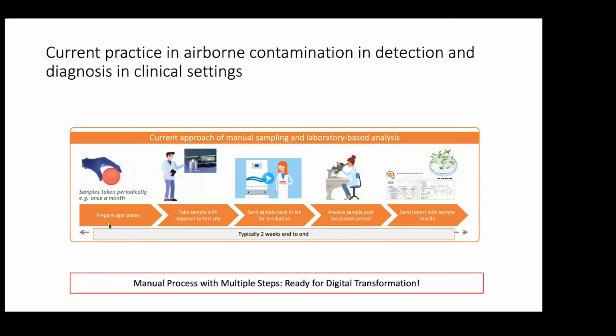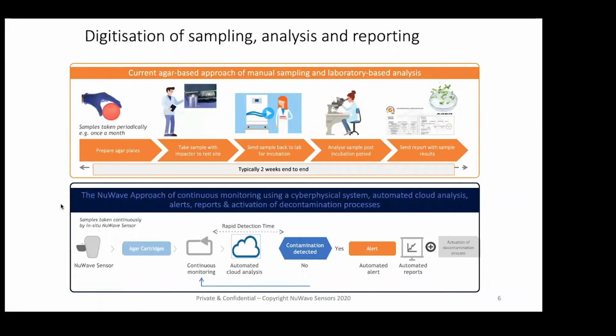So this manual process with multiple steps is ready, if you like, for digital transformation. So what we've been working on is taking that manual process and automating it. And by that I mean we take the sampling piece, the sending it back to the lab piece, the incubation piece, and the analysis piece, and we wrap that all in what we call a cyber physical system.